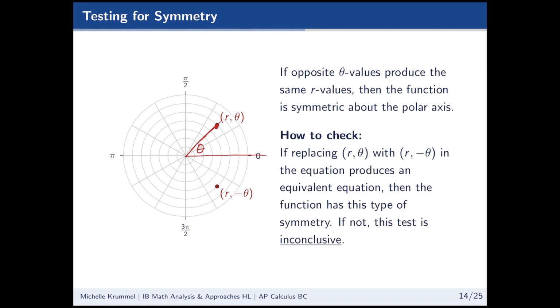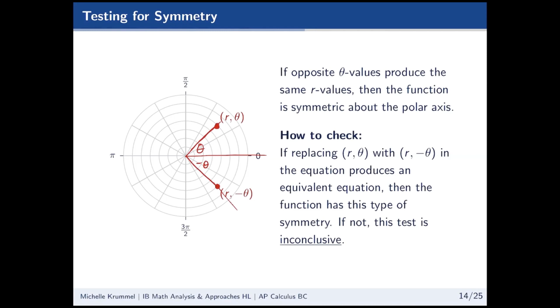But negative theta would just be the same size angle, but in the clockwise direction. So we would move along. That would be negative theta here. And if we're still moving forward r, we can see that the points are just going to be reflections of one another across that positive x-axis or that polar axis.